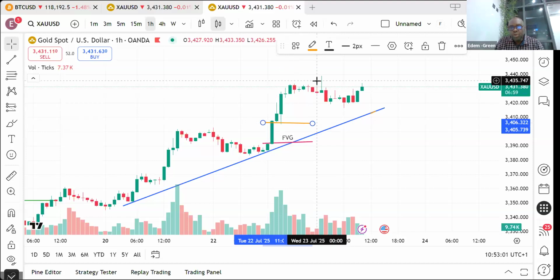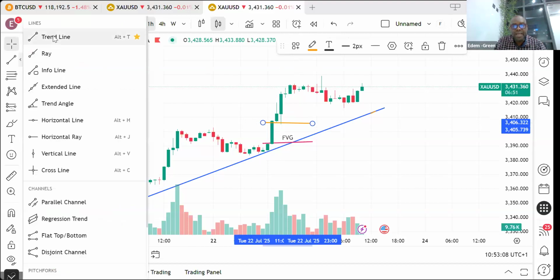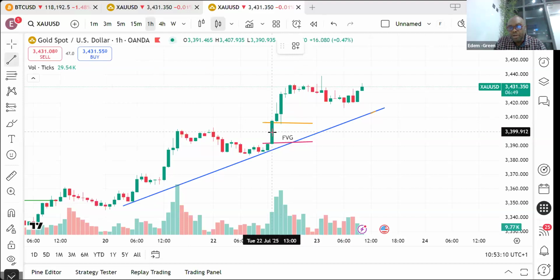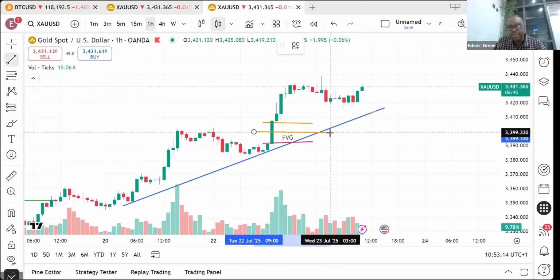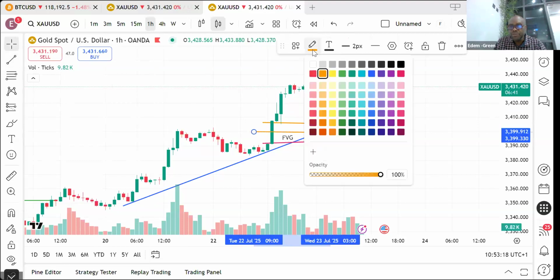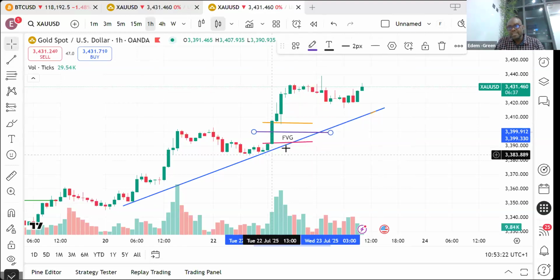Okay. So the rule is also that you can manually identify the middle of this fair value gap. So I'll change the color so that we don't get confused. So that is the color, that's the middle, which is like 50%.